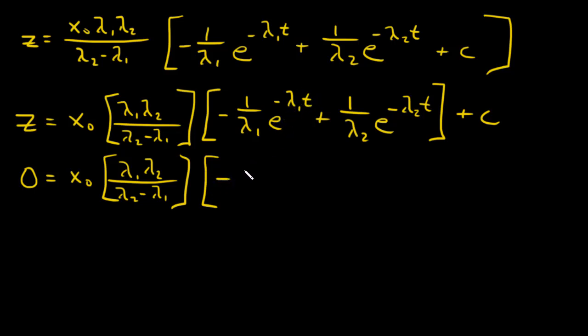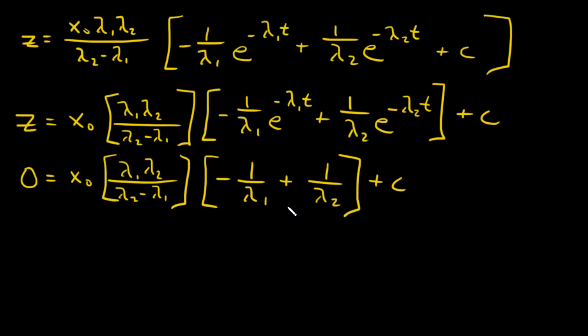So this is negative 1 over lambda 1. This becomes a 1 plus 1 over lambda 2 plus c.